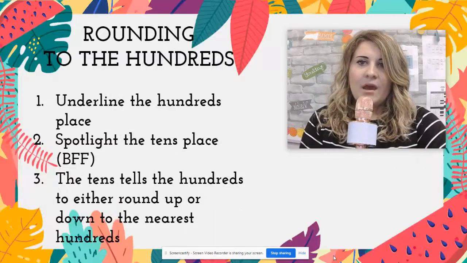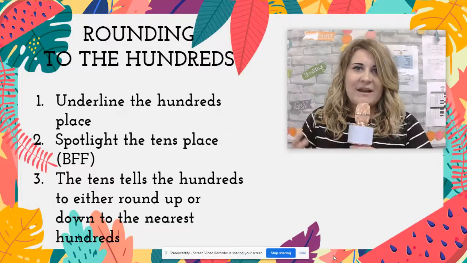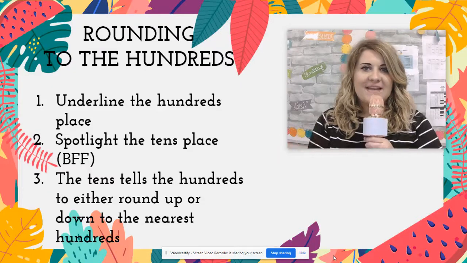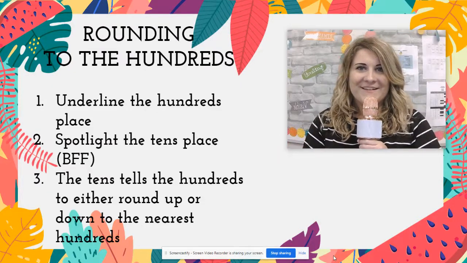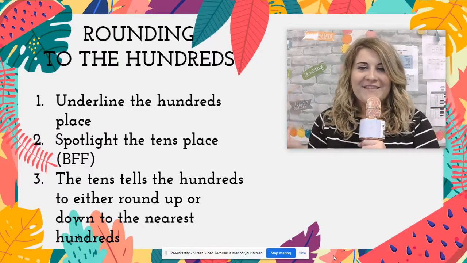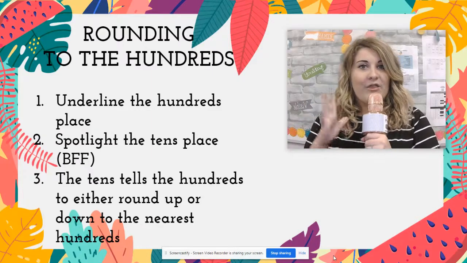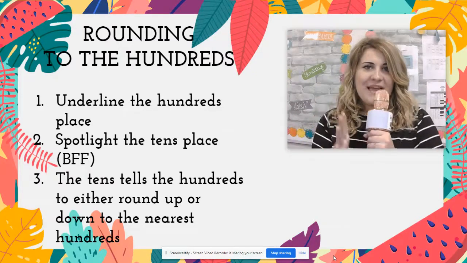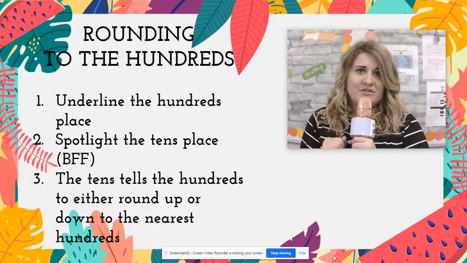So rounding to the hundreds place is exactly like rounding to the tens place, except we're moving over a place. So instead of underlining the tens today, I bet you can't guess what place we're going to underline. Yes, the hundreds place. We're underlining the hundreds place, and instead of spotlighting the ones place, the BFF, we are going to spotlight the tens place because the tens is way closer to the hundreds.